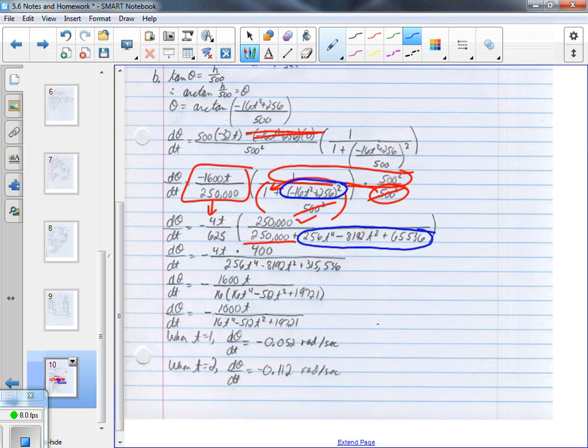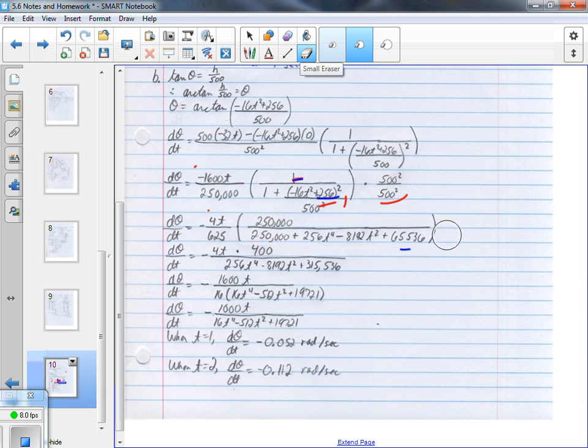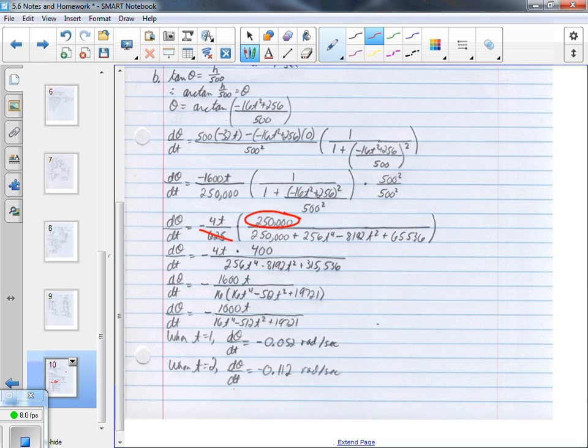And then the fun just keeps on happening. So let's see, what did I do next? I must have divided this into this. So I now have the negative 4t, negative, and then 4t. Now that's just a 400 because I divided 625 into it. Let's see, that goes there, that goes there.